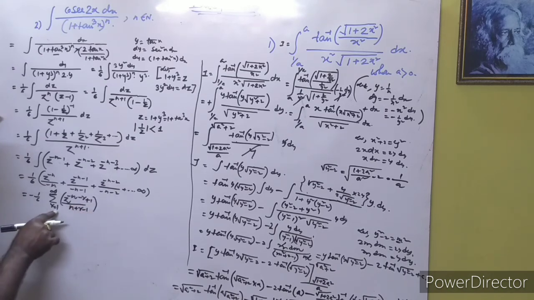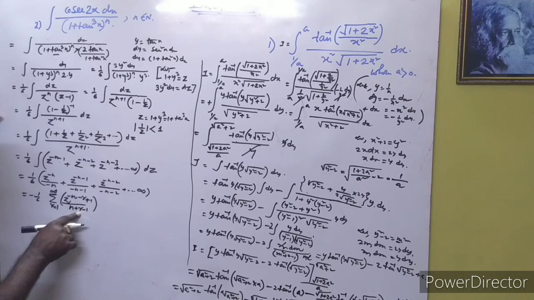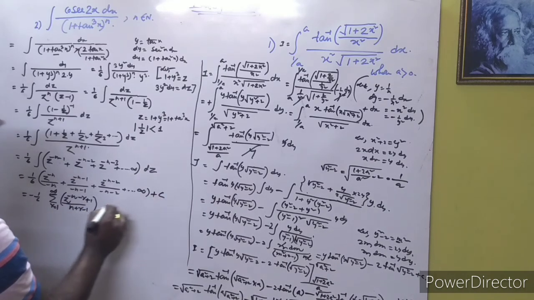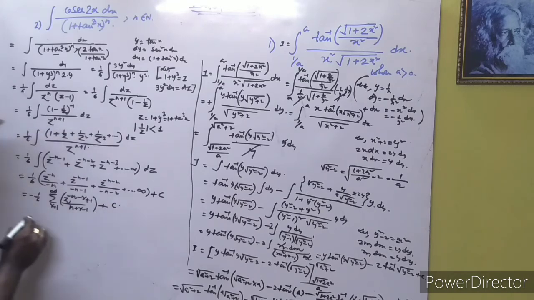If we put 1 here, then we get n only, then minus n. If we put 2 here, then we get n plus 1. Okay, very good, plus c. Okay, this is plus c, and this is minus 1 by 6, and summation r equal to 1 to infinity.